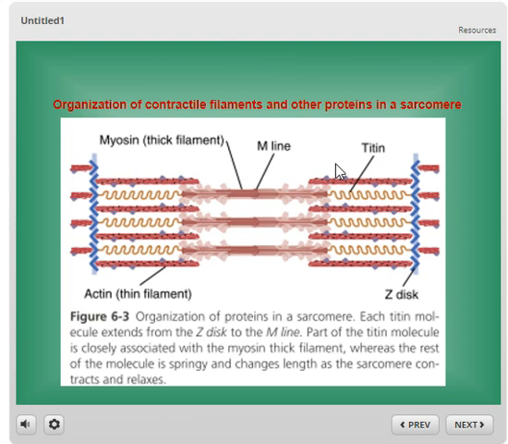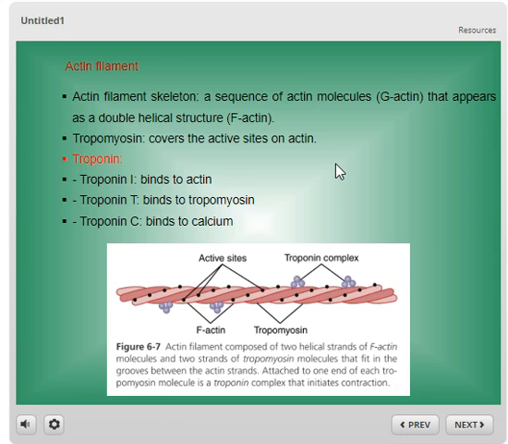As a whole, the M line and titin are crucial for the structural integrity and the functionality of muscle fibers, ensuring efficient contraction and relaxation during muscle activity. In this slide, I am going to talk about the actin filament skeleton and associated proteins.